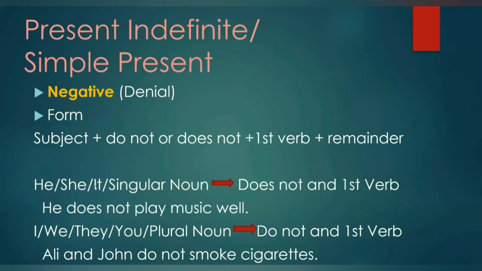For he, she, it, singular noun, we use does not and first verb. For example, he does not play music well. He is subject plus does not plus first verb, which is play, and plus remainder.